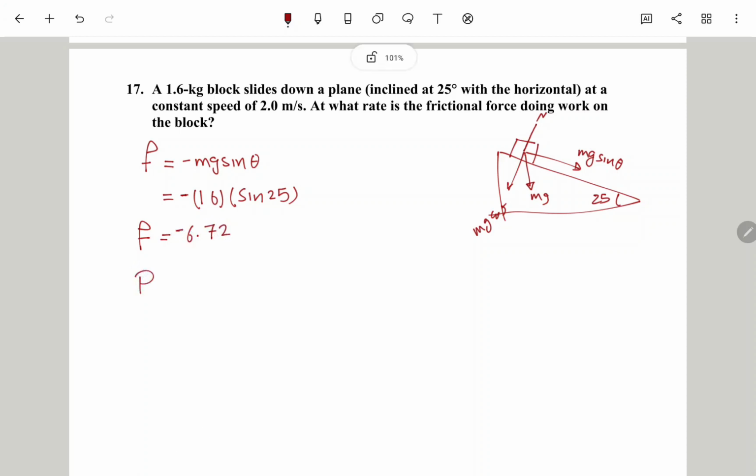So the power in this case, it's equal to F dot V, and V in this case it's equal to 2, so minus 6.72 times 2, or in other words, it's 13.4, don't forget the minus, watt.